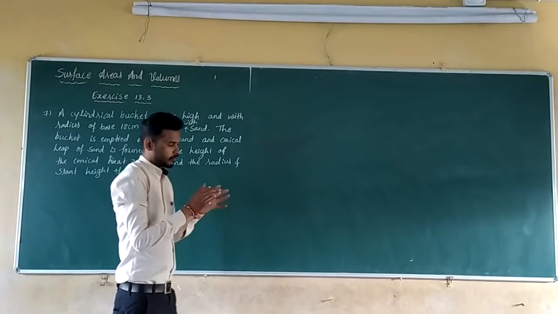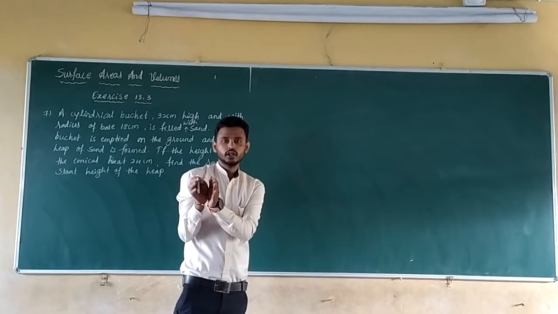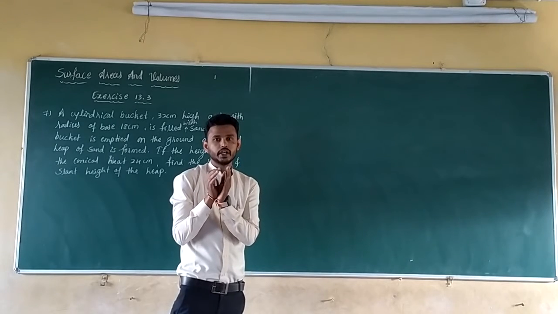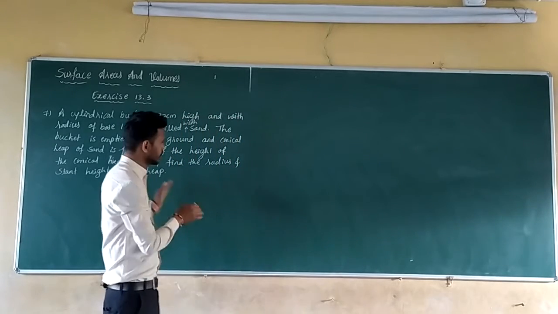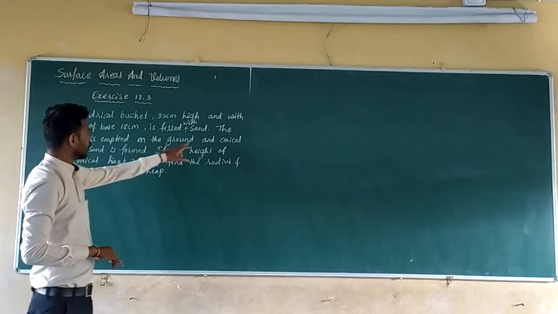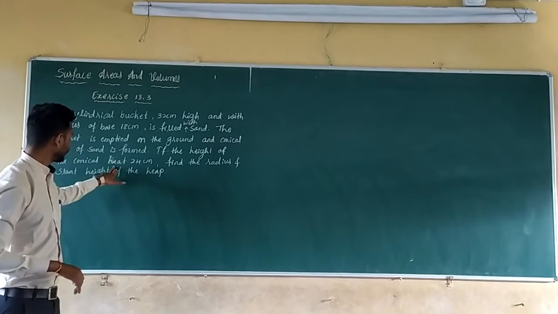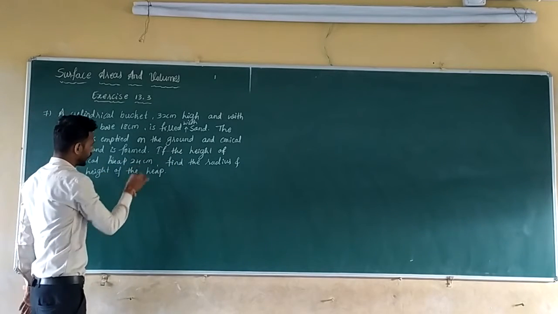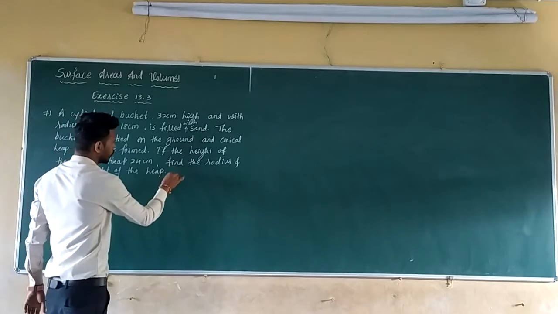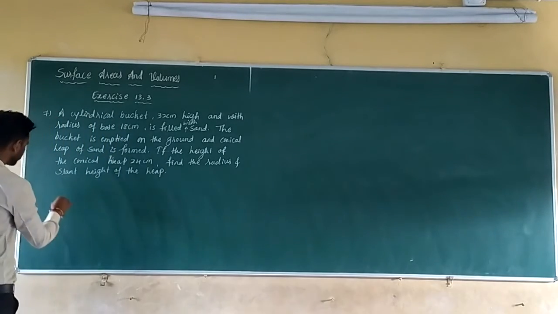Means by that, the cylindrical shape has converted to what? Conical heap. Means cylinder to cone. And if the height of the conical heap is 24 centimeter, find the radius and slant height of the heap.